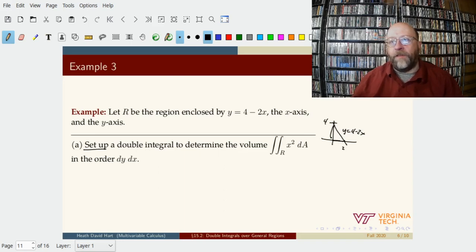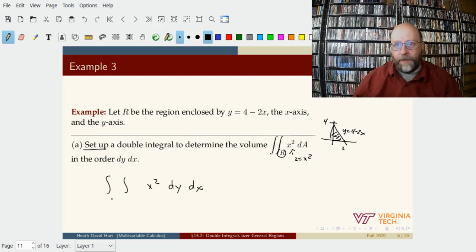So this is just this triangle right here. Question says to set up a double integral to determine the volume if z equals x squared over this region in the order dy dx. So my function that we're integrating is x squared. The order we're integrating is dy dx. We have to figure out how to set this up now.